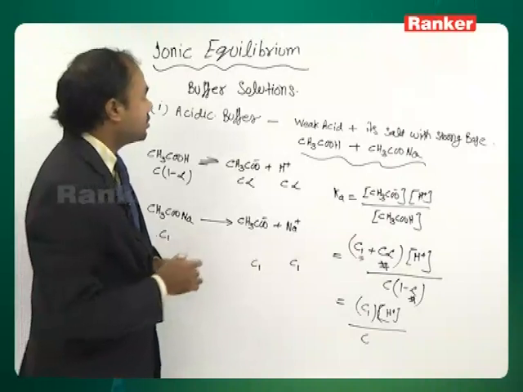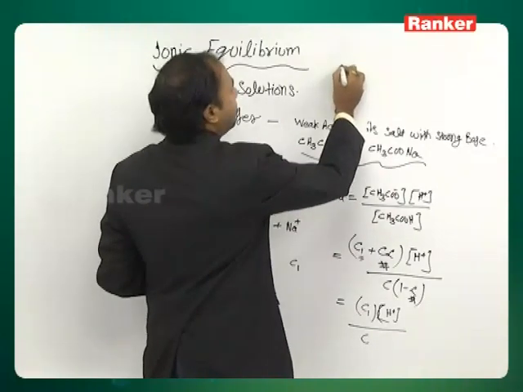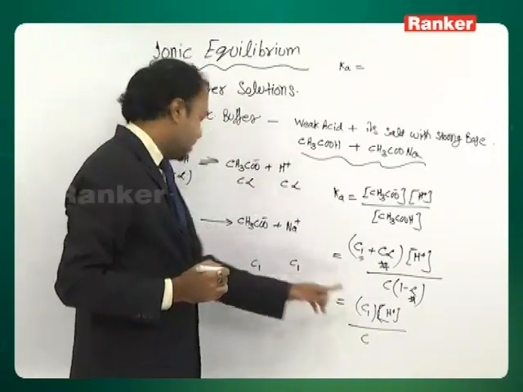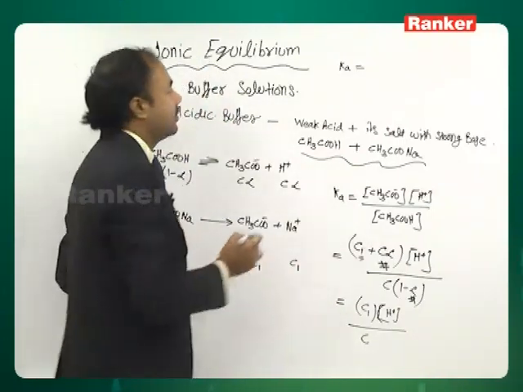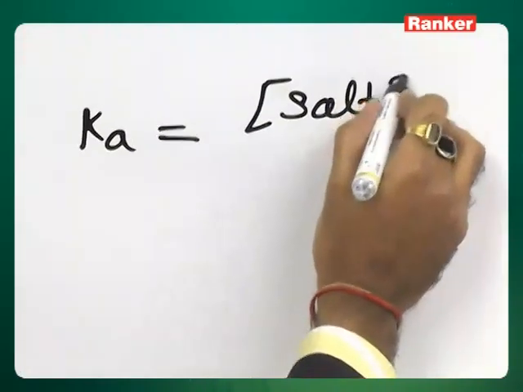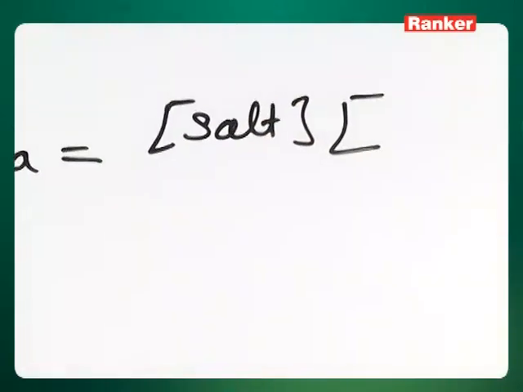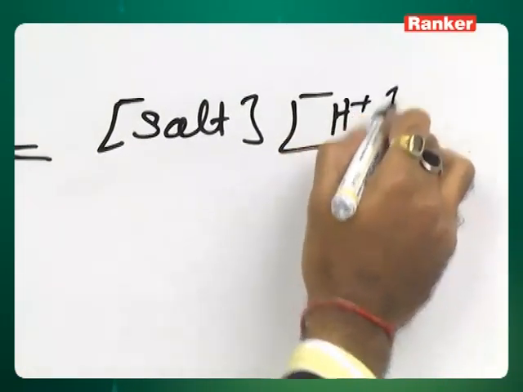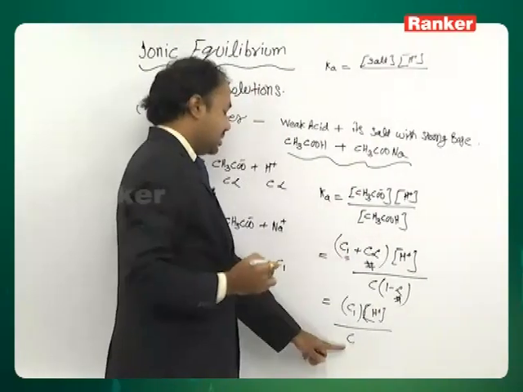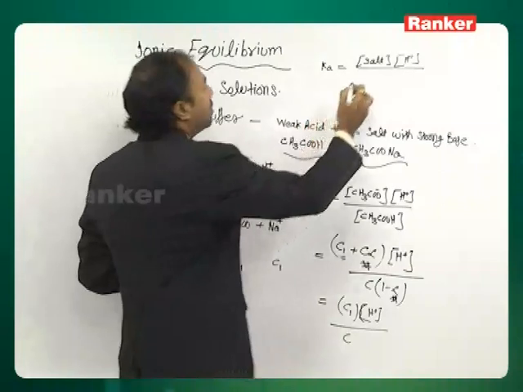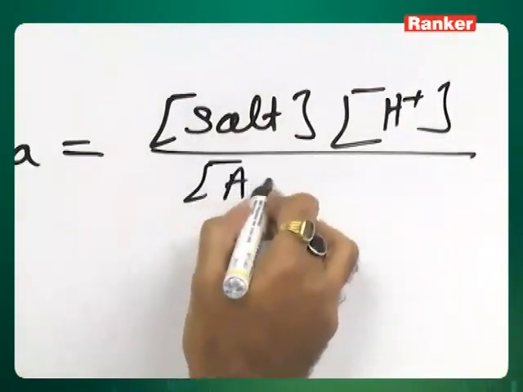We put these values as Ka equal to C1, now written as concentration of the salt, into concentration of H plus ions upon concentration C, which is acetic acid, so the concentration of acid taken initially.